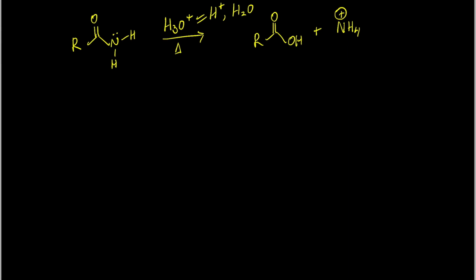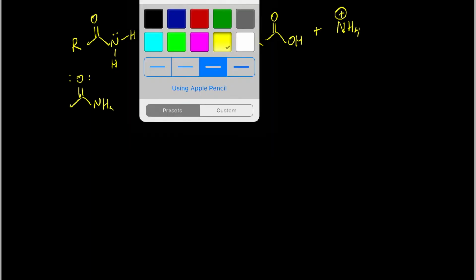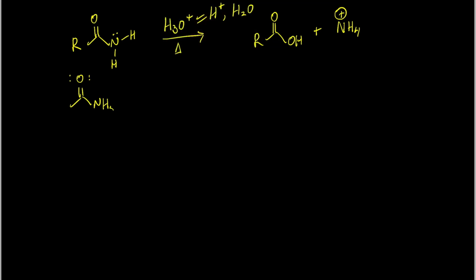So let's take acetamide here, and we'll just draw the NH2 here. So in the first step, as usual, when you have acid in your reaction mixture, you want to be protonating something first, okay? Now, normally amines are more basic than, say, alcohols or something like that, but we want to protonate the carbonyl oxygen.